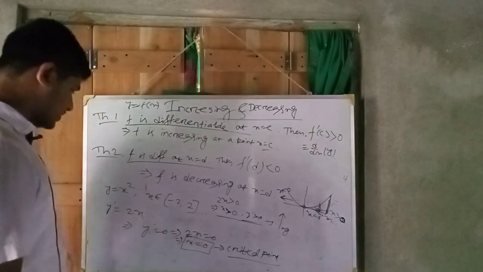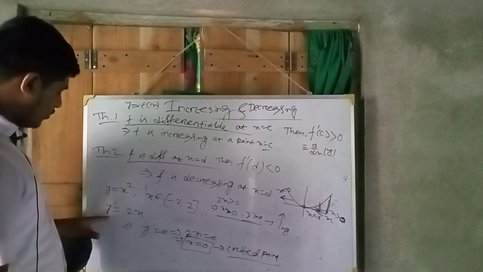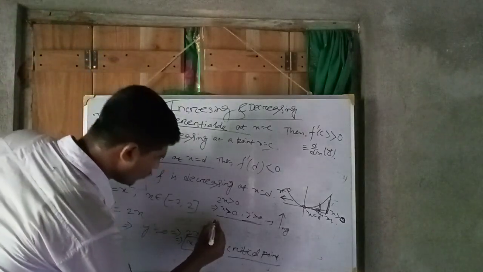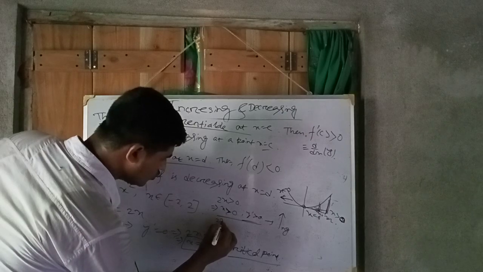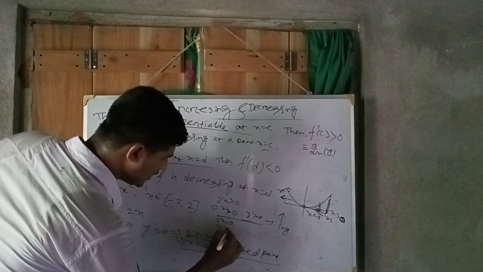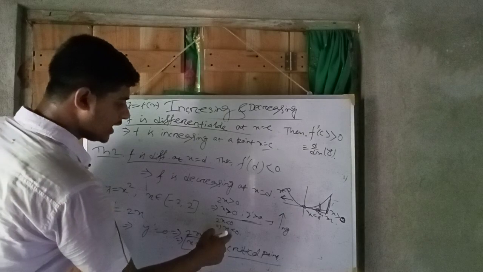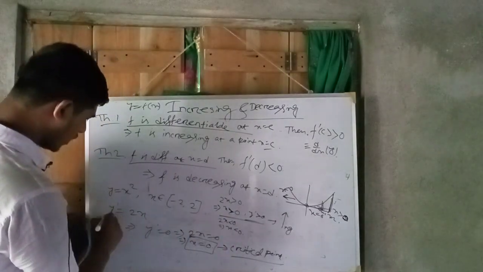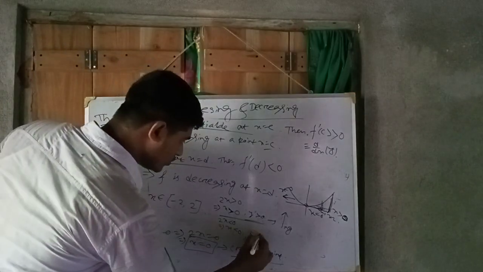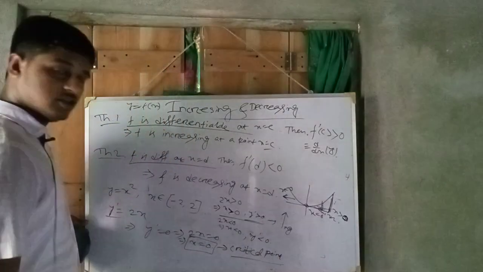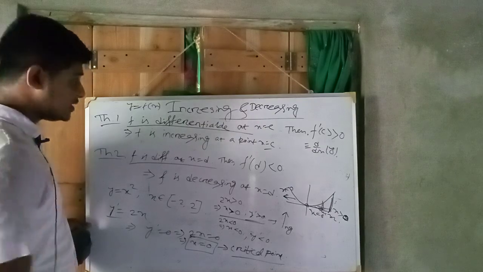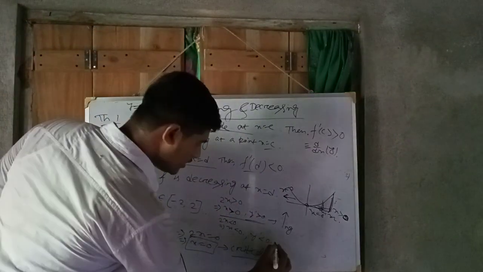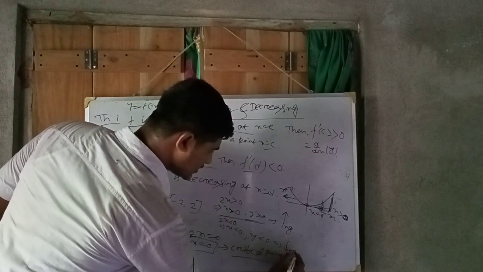Okay, let's see. When y dash is less than 0, that is 2x is less than 0, that is x is less than 0. So when x is less than 0, 2 into x is also less than 0, that is y dash is less than 0. So y dash less than 0 represents the decreasingness from theorem 2. Okay. So this is decreasingness.